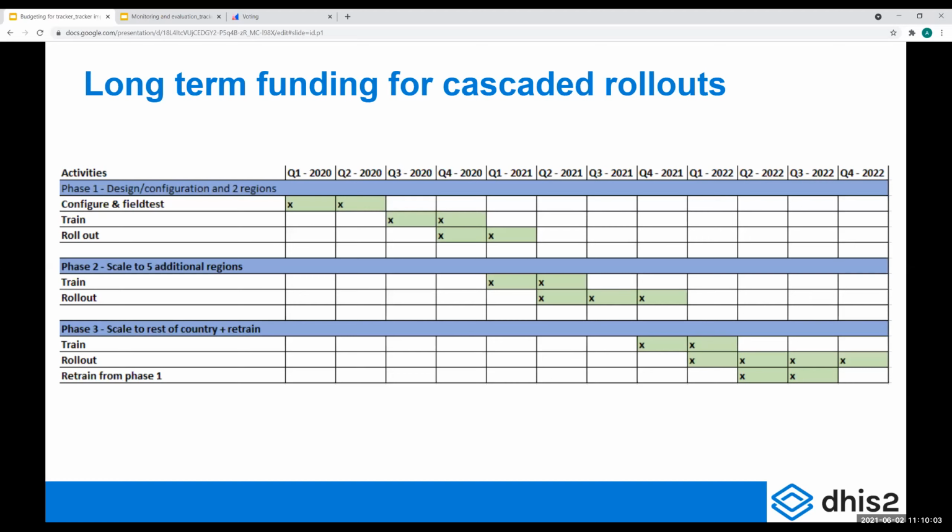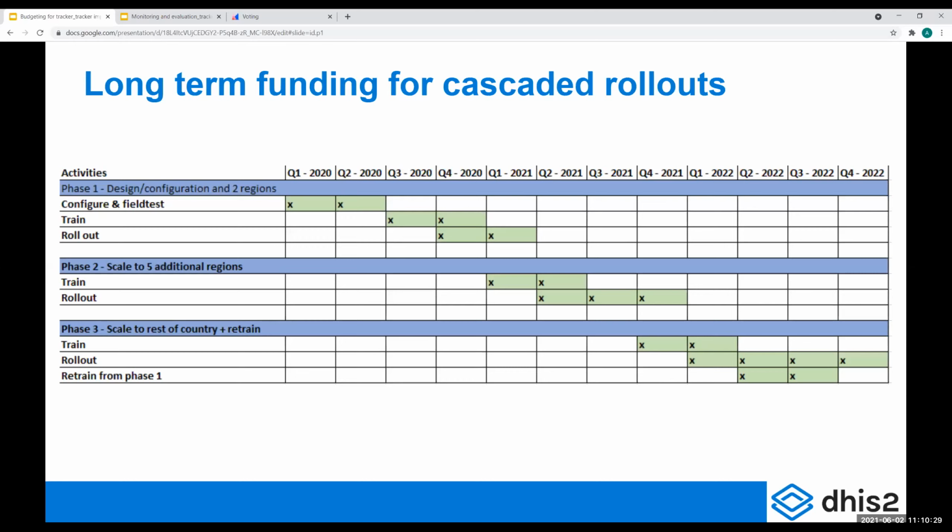In phase 1, you plan to design and configure and scale to 2 regions of the country, perhaps. So you need to configure and field test in Q1 and Q2. You're going to work on training your users and then rolling out devices and rolling out the program. You have a phase 2 in the next year where you are training and rolling out to 5 additional regions, for example. And then in phase 3, you will scale up to the rest of the country.